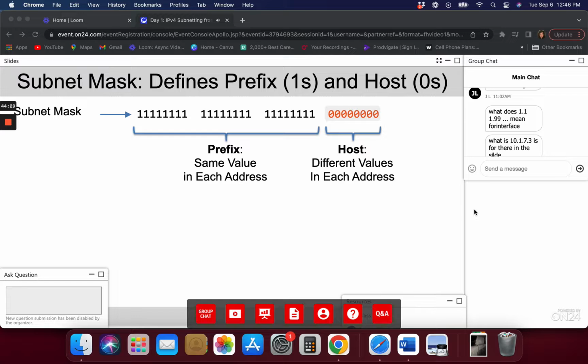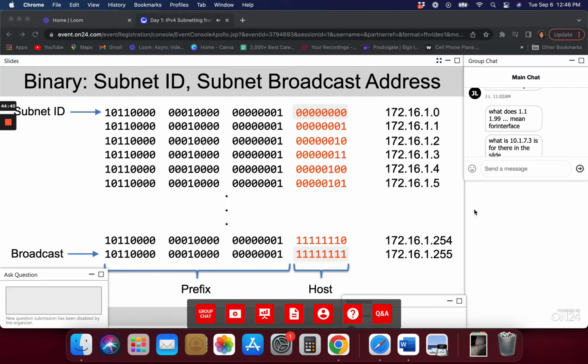So there's that same mask, 24 1s. There's the prefix part by definition: same value in each address. Host part: different value in each address. Just written in slide form. Over here on the far right are the first several addresses in subnet 172.16.1, all the way down to the last few. Over here in the center are the binary equivalents of the numbers on the right.